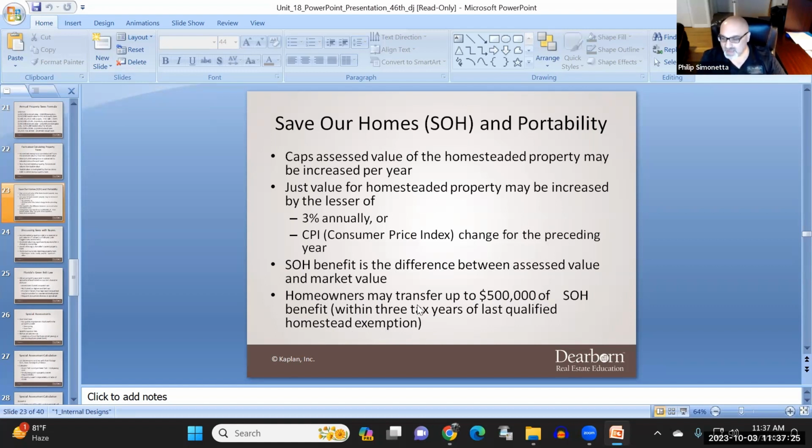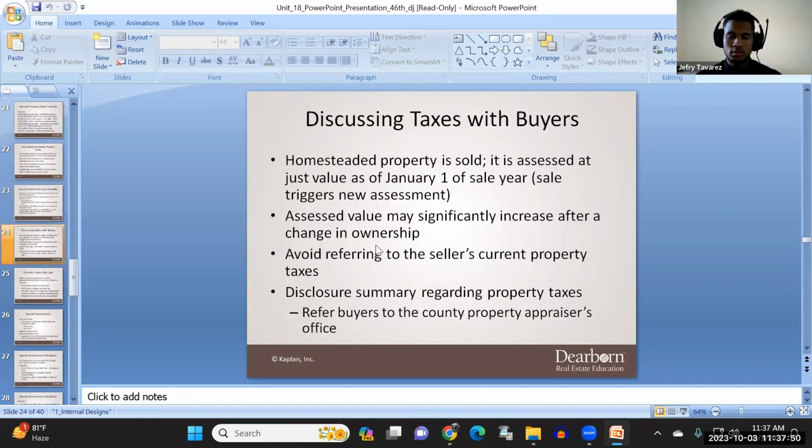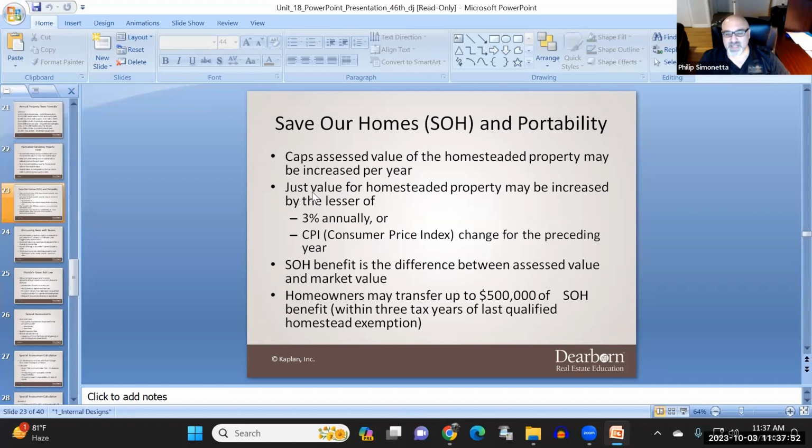You can sell that house, and within 3 years buy a new one, and they'll give you that same $120,000 less. But if you wait more than 3 years, you don't get it. So it allows you to take that savings to your new home, and you have 3 years to do it. Okay. Does that make sense? Yeah, it makes sense.